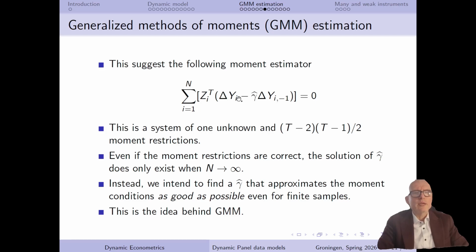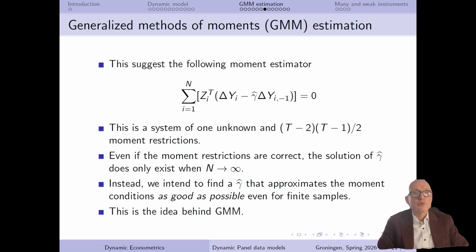However, take into account that since we set that equal to 0 anyways, we could simply use this moment estimator over here. And that implies that in principle we would like to find a gamma hat in such a way that all these moment restrictions that we have over here are going to be satisfied.